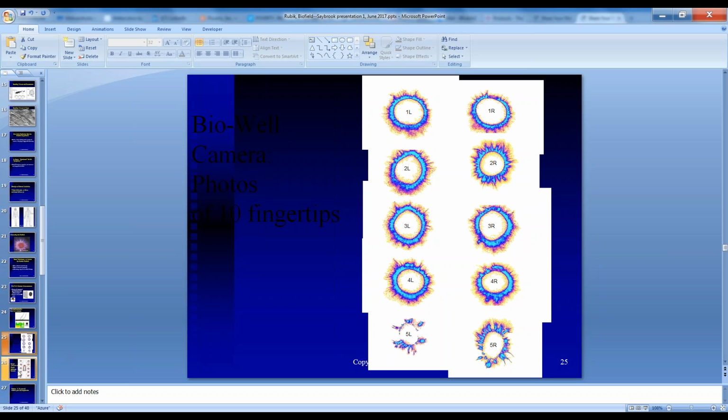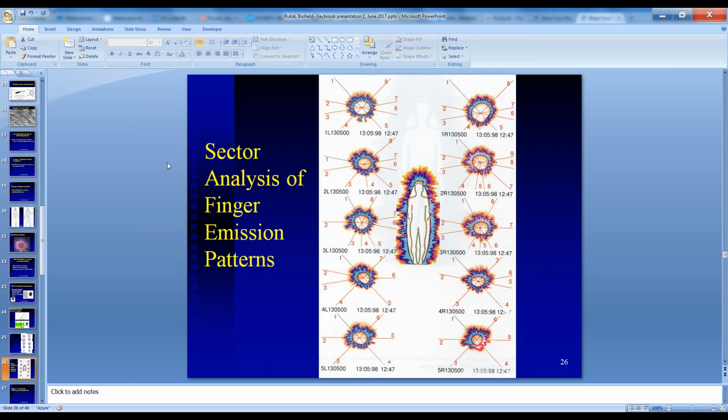And the software goes on to analyze. Here's where the Russians have done a lot of empirical work, studying hundreds of thousands of people over decades. They have taken each fingertip image from these instruments and looked at sectors of it corresponding to what they have found are particular organ systems. How did they do this?